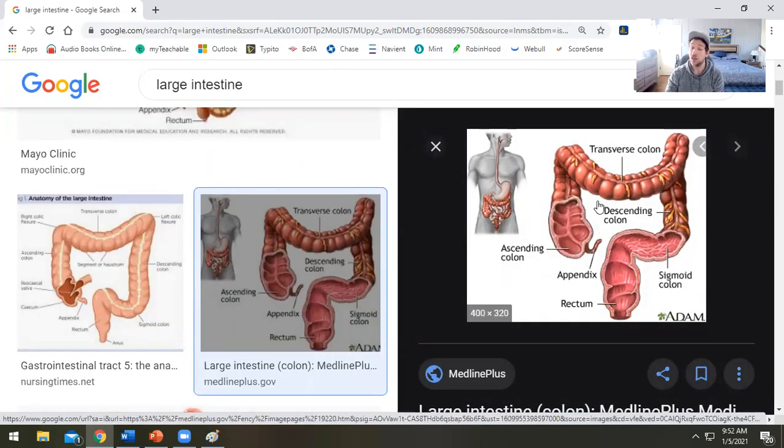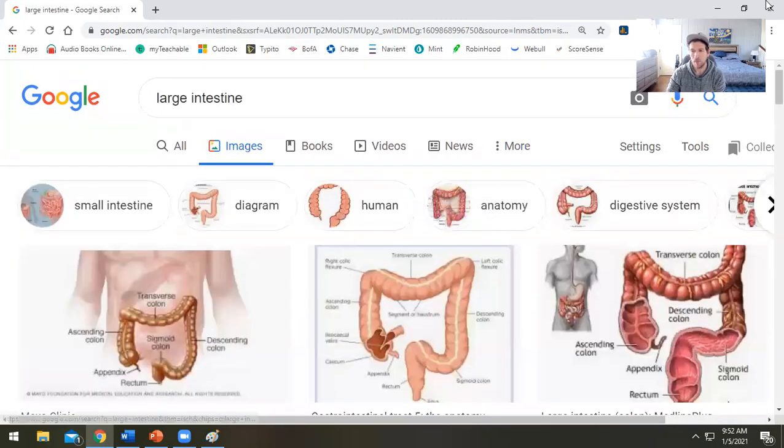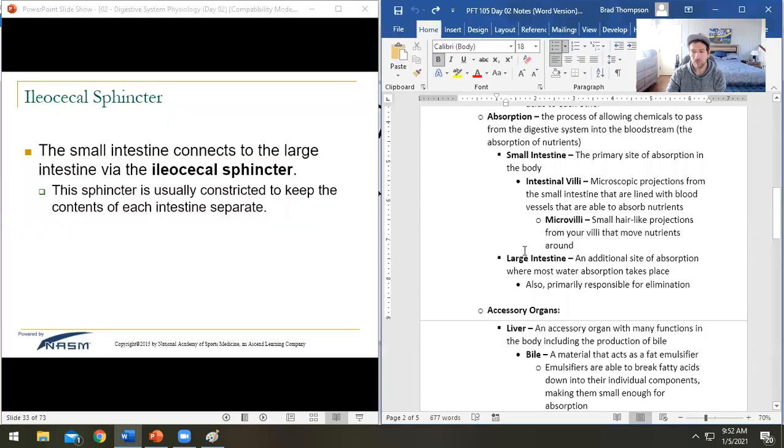And then a little bit of minerals are going to work their way in there as well. And we know that vitamins and minerals are both very important for certain physiologic processes. So thank you, large intestine, for getting all those B vitamins and all that other stuff inside of the body, right? All right, so it's an additional site of absorption where most water absorption takes place.